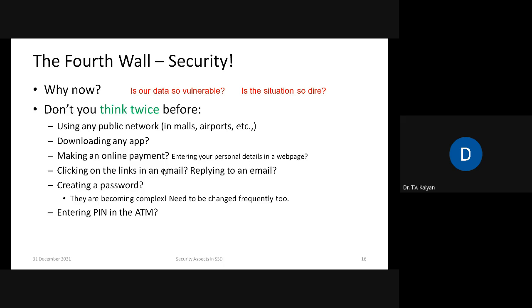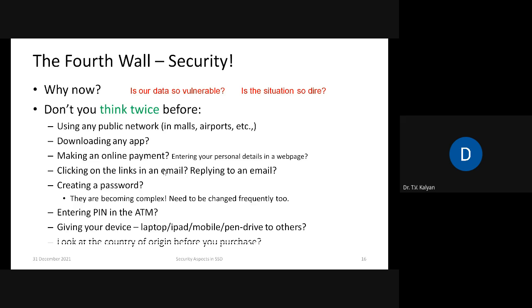Also, you would have heard about new devices that were being plugged into the ATM machine so that they can track your PIN. We check these things whenever we go to the ATM to withdraw or do some transaction there. Also, when we are giving our device to anybody, we think twice. It's not like we are giving our pen for them to use.